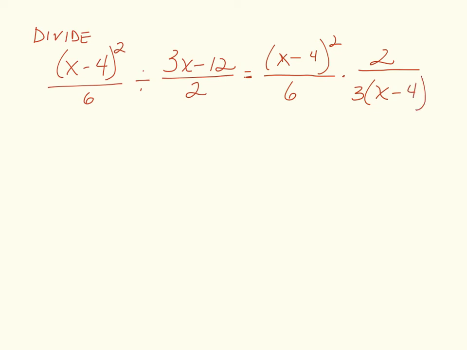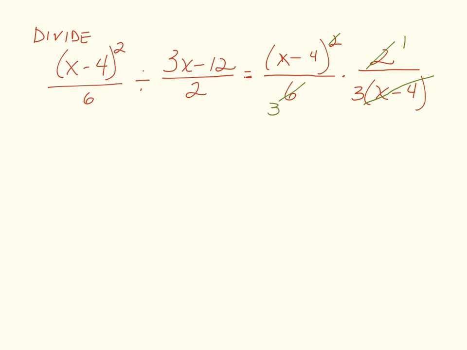Now, notice what we have. We have 2 factors of x minus 4 in that numerator. Okay? That cancels with the one factor of x minus 4 in the denominator. So we are left with an x minus 4 in the numerator. Then look at the 2 and the 6. They cancel. 2 goes into 2 once, and 2 goes into 6 3 times.